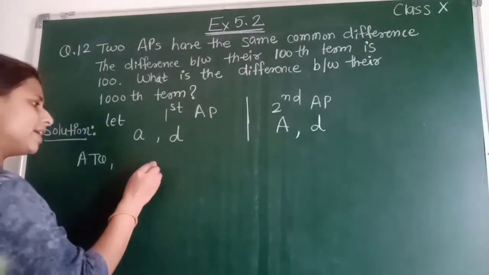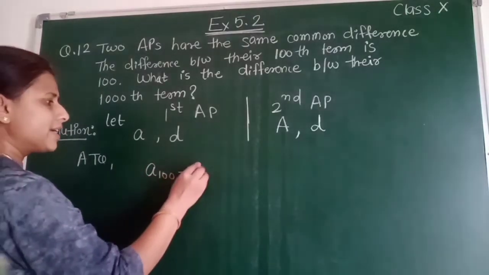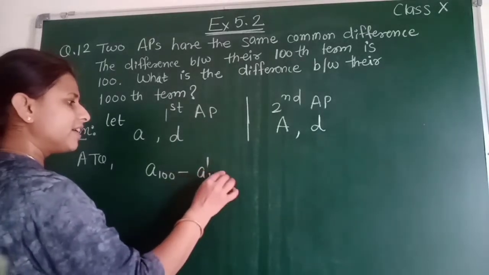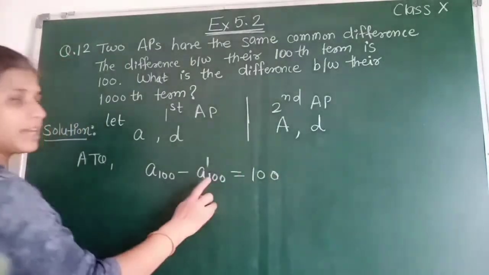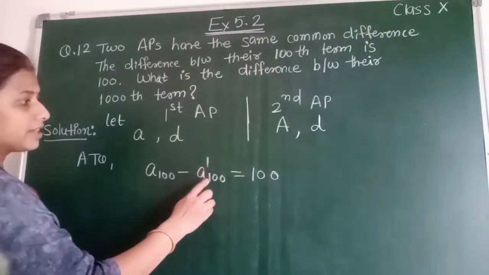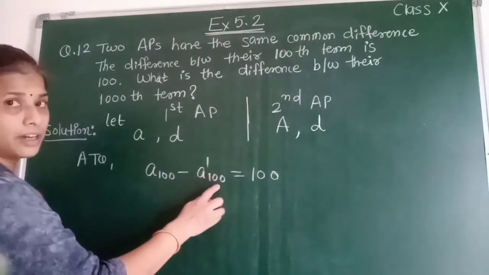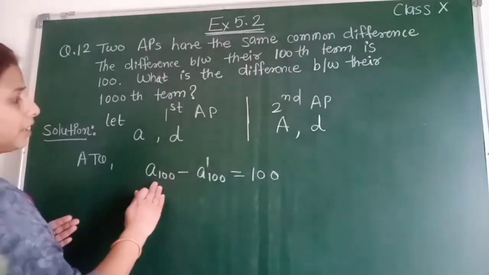So let a100 minus a dash 100 equals 100. We are assuming here that for the second AP, the 100th term is denoted by a dash for differentiating both the APs.